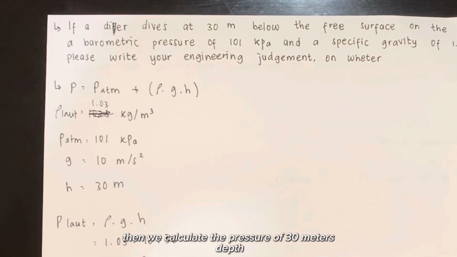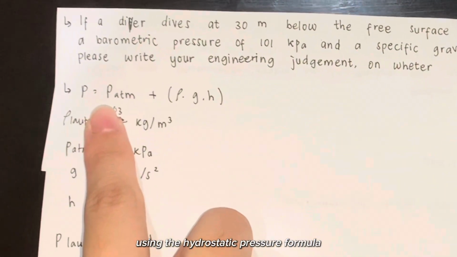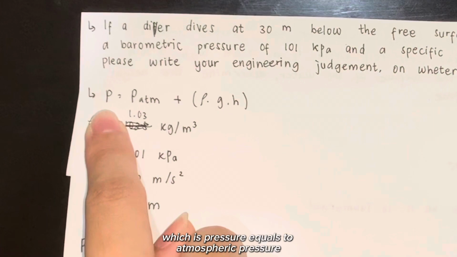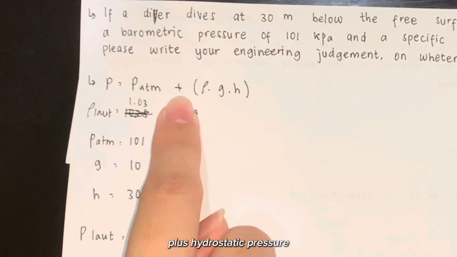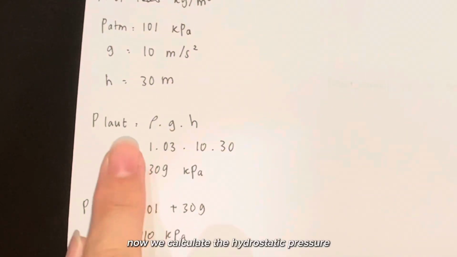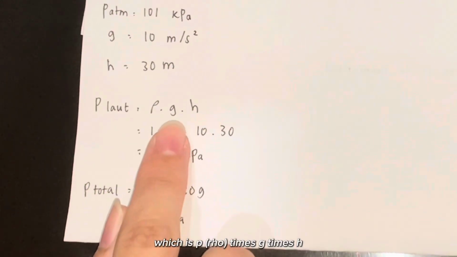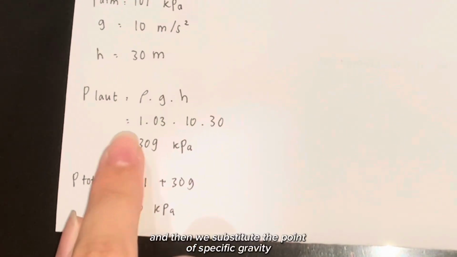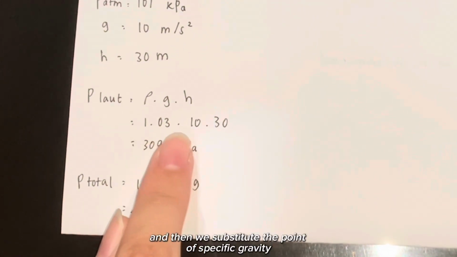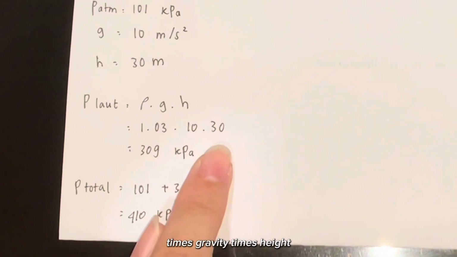Then we calculate the pressure at 30 meters depth using the hydrostatic pressure formula, which is pressure equals atmospheric pressure plus hydrostatic pressure. Now we calculate the hydrostatic pressure, which is rho times G times H. We substitute the specific gravity times the height, and we get 309 kilopascals.